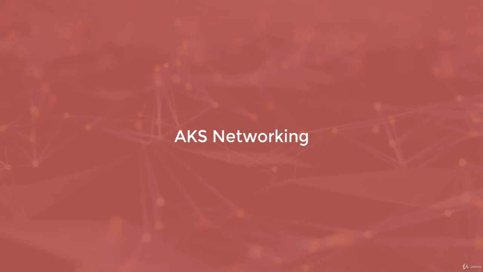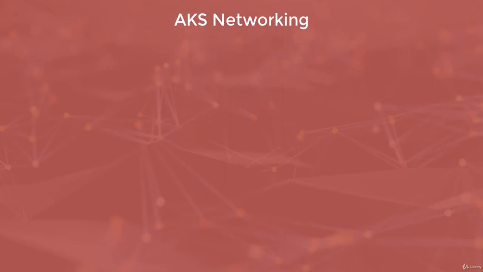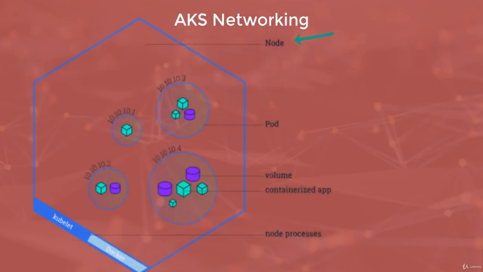AKS networking will allow the applications to communicate with each other so that the Kubernetes nodes are tied up to a virtual network so that some kind of inbound and outbound connectivity for the pods can be established. Always remember that inside the node you have the pod, and then inside the pod you've got your container running the application.